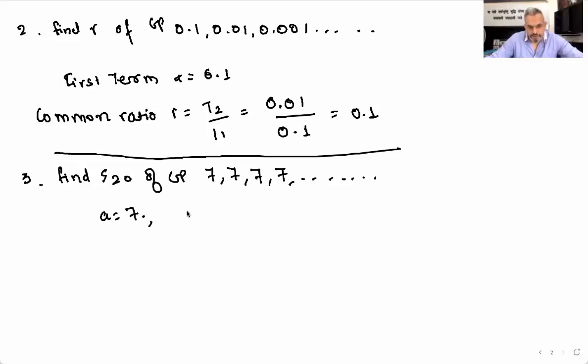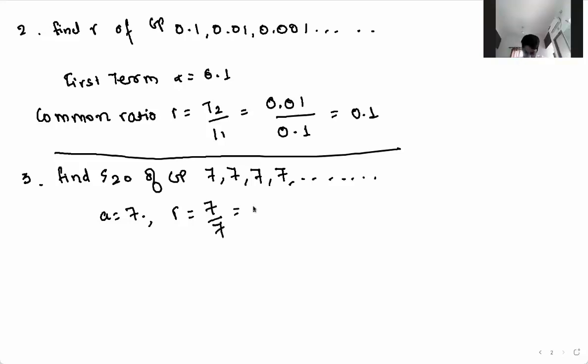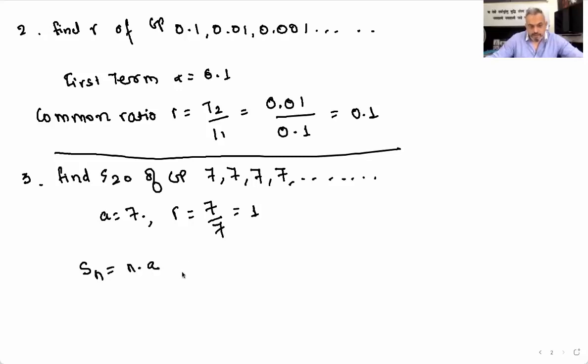Can you tell me what R is equal to? 7 upon 7, which is equal to 1. Now we have to find S20. So over here the formula is Sn is equal to n into A, where R is equal to 1. Therefore S20 is equal to 20 into 7, which is equal to 140. Answer.